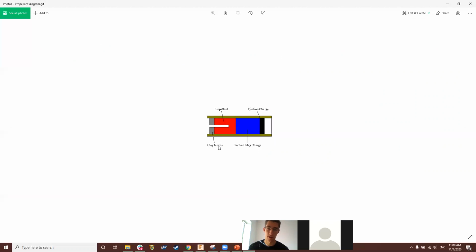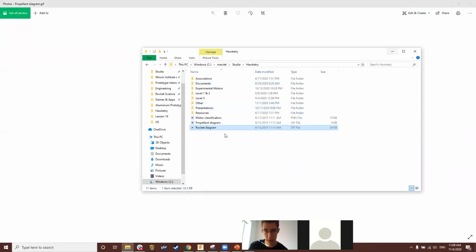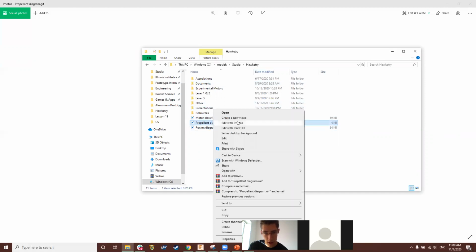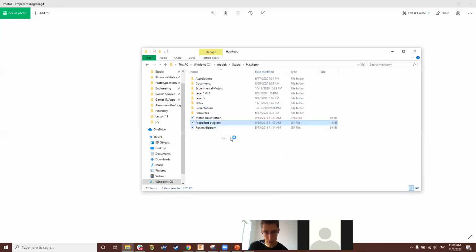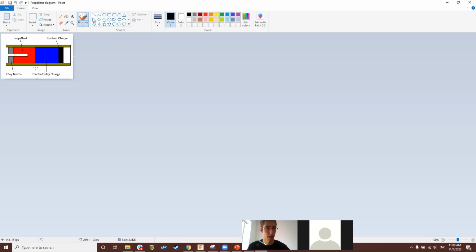A rocket motor consists of 3 parts. The main one is the propellant. And propellant typically burns radially. Let me just edit it with paint. Okay, I'm going to zoom in.